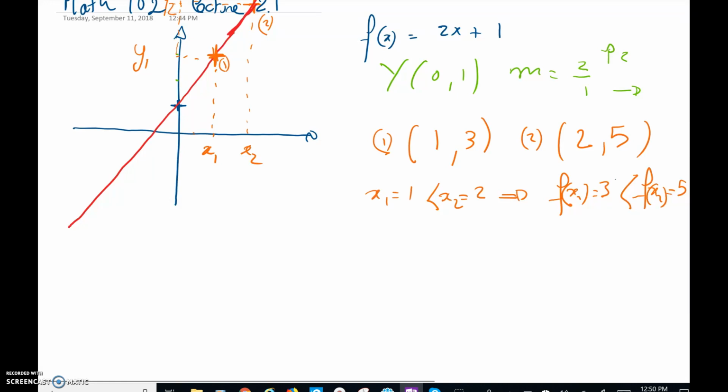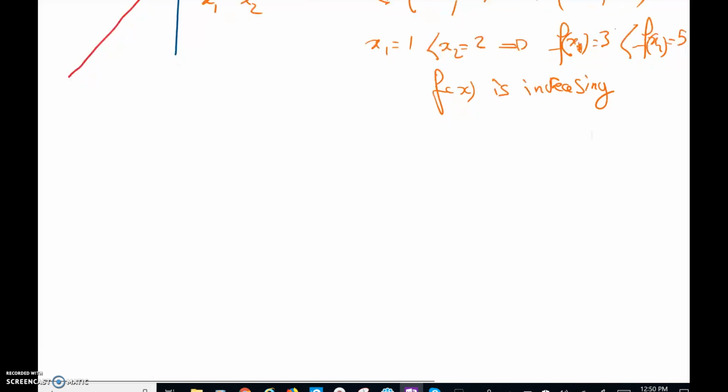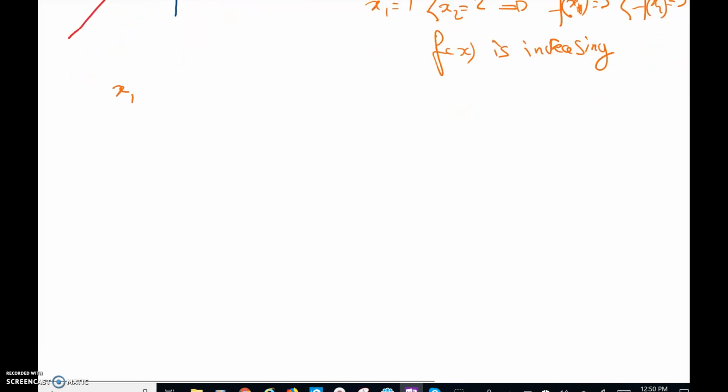When you have x1 less than x2 and f of x1 less than f of x2, you say that your function is increasing. That means f of x is increasing. You with me? So that is how I prove it. If I have a function with two points, x1 less than x2, and I have f of x1 less than f of x2, that means f is increasing.